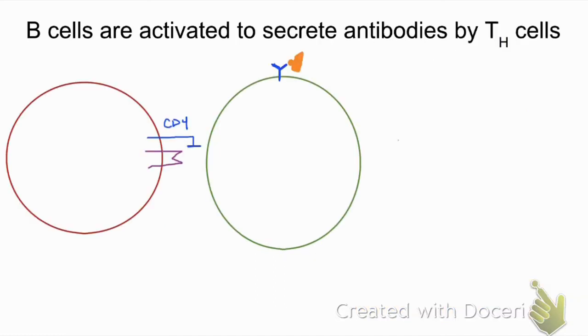Now, let's take a look at how B cells are activated. We're going to assume that the cell on the left-hand side here is a T helper cell that has already been exposed to an antigen and it has been activated. The cell on the right is a B cell that has not yet been activated.